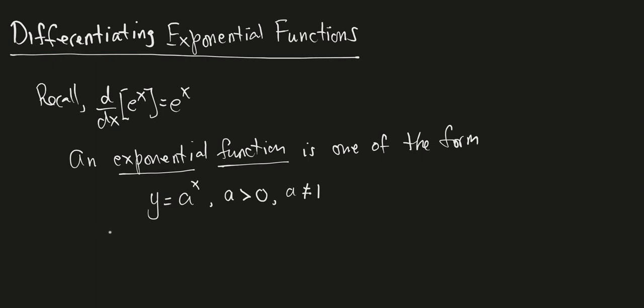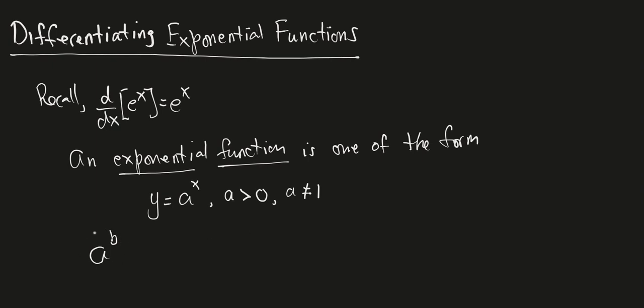Now, there are two change of base formulas from algebra. The one for logarithms is very well known, but the one for exponential functions, unfortunately, is not very well known. Let's say you have an expression like a to the b, where your base is any number that's positive and not equal to 1.